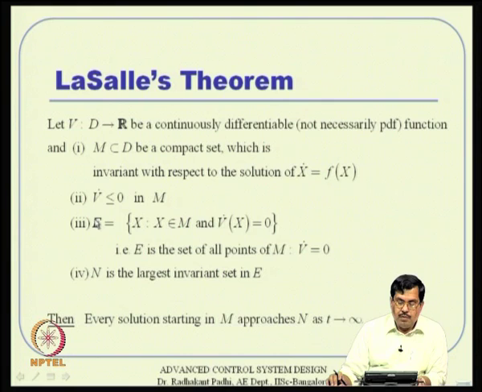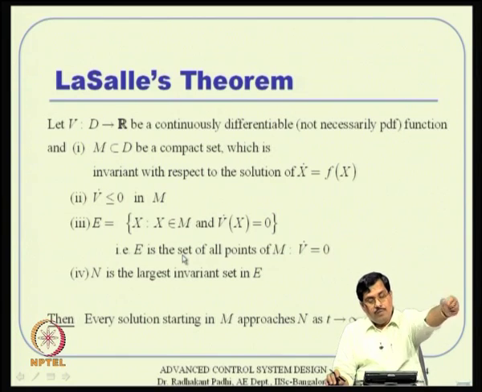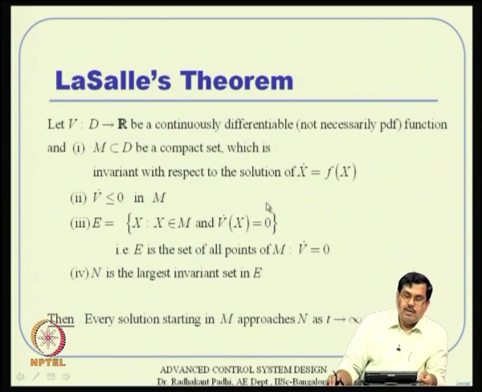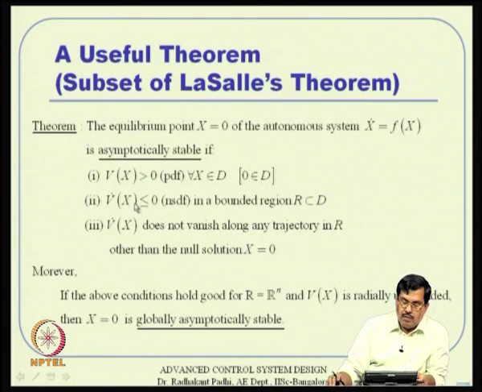Because E can have multiple solutions, for example, I will also take you through an example where E is a union of two subsets, the equilibrium point as well as a limit cycle. So, then you have to select that particular subset which is the largest invariant set in that particular E. So, if you satisfy all these conditions 1, 2, 3, 4, then the conclusion is every solution which starts within this M, okay, will ultimately approach N as t goes to infinity, and it is very easy to see the previous theorem that we discussed here.